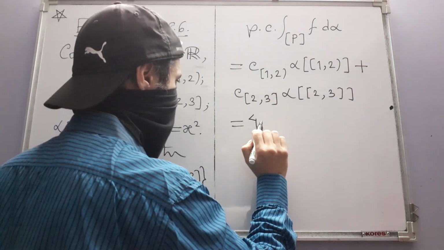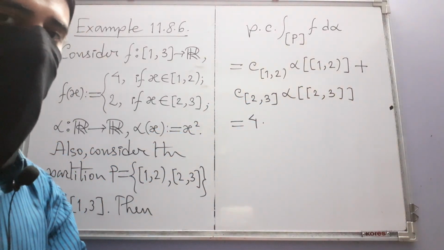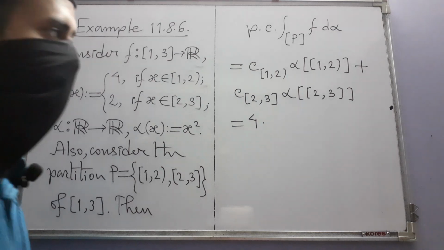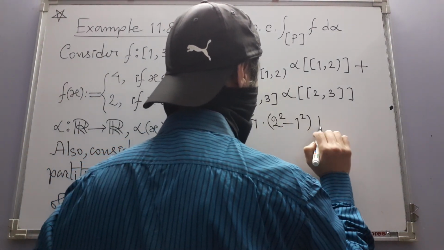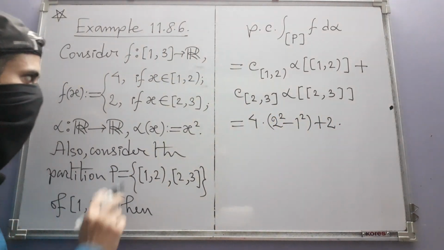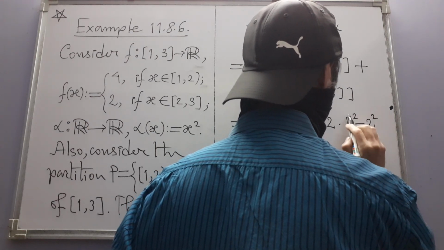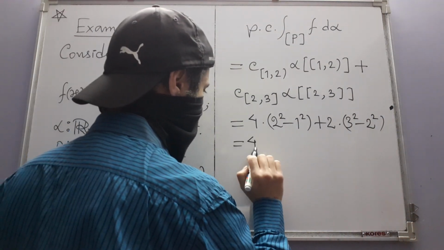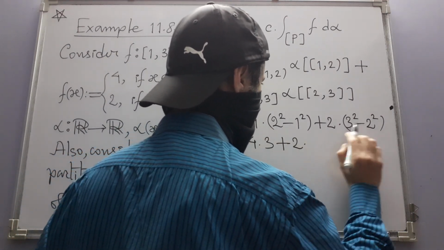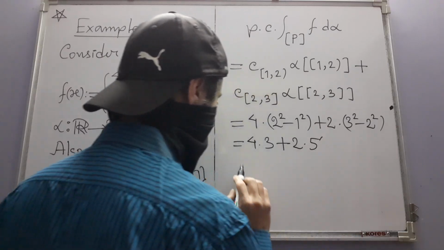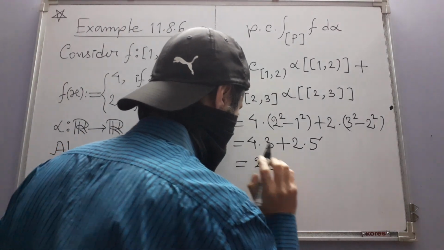This one is 4 times. And again, do not make the mistake of writing 2 minus 1. It's no longer ordinary length. Instead, in our case, this is 2 square minus 1 square plus 2 times 3 square minus 2 square. So 4 times 4 minus 1 is 3 plus 2 times 9 minus 4 is 5.